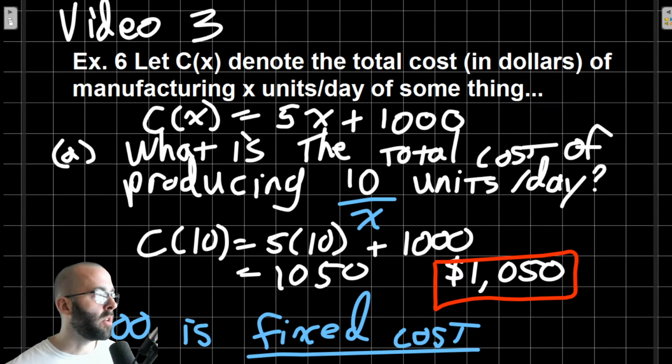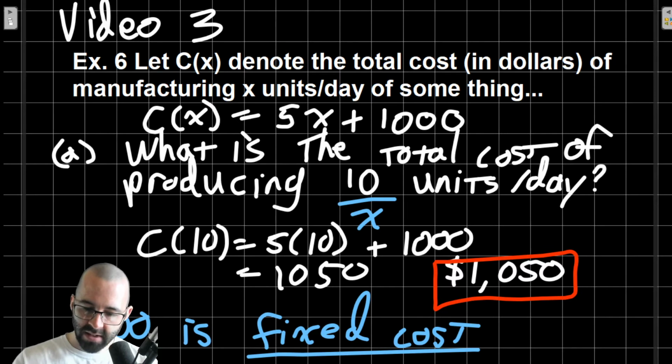Maybe it's the rent for your facility. Maybe it's the salary of your employees, provided that you don't use more or fewer employees to produce variable amounts. So for small domain ranges, that could make sense. Maybe it's your insurance, maybe it's your heating, maybe it's whatever. It's the stuff that you always have to pay, whether or not you're producing anything. That's called fixed cost.